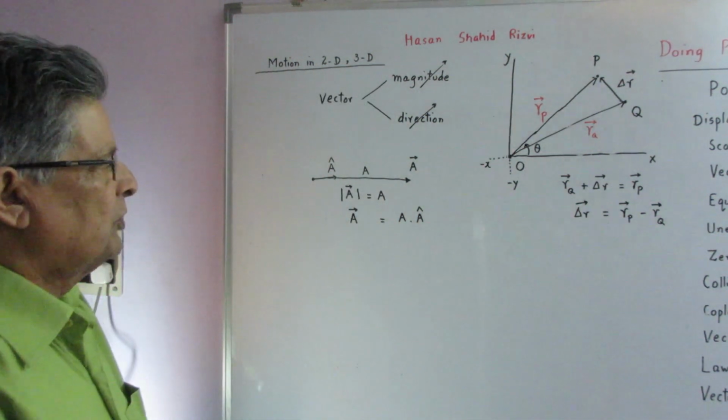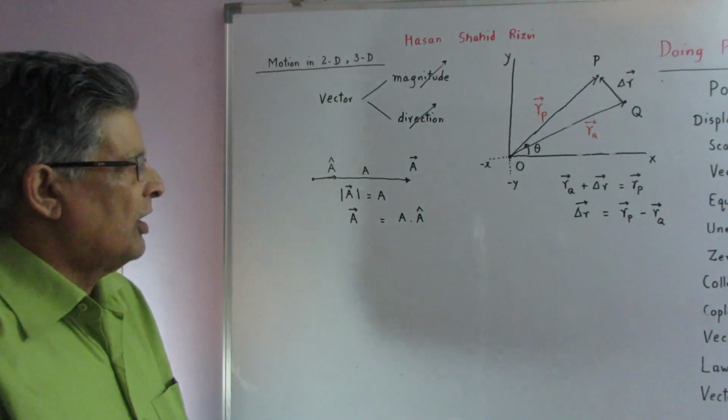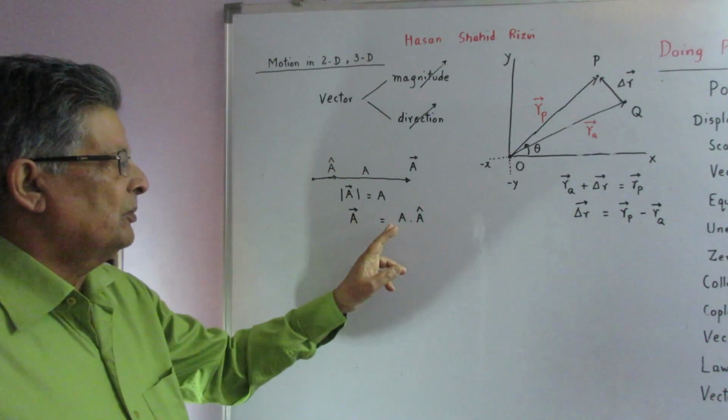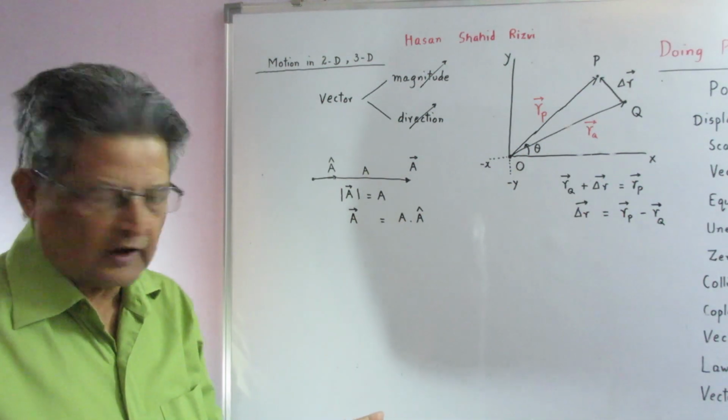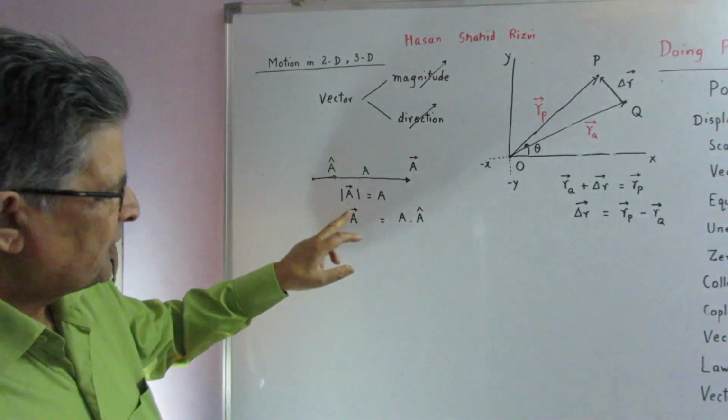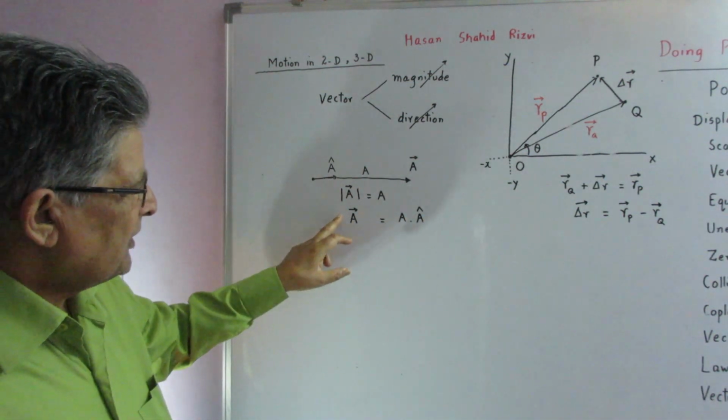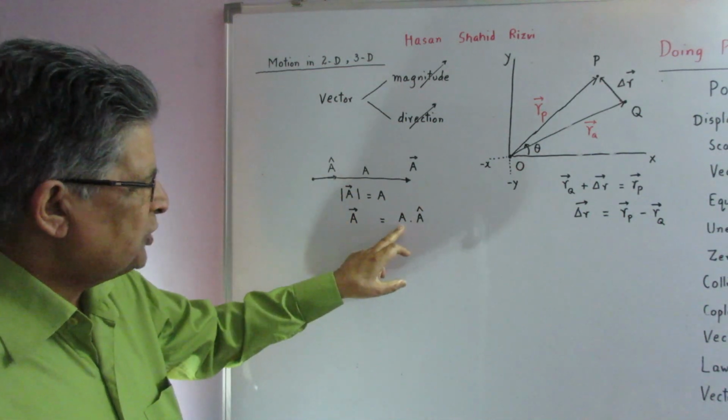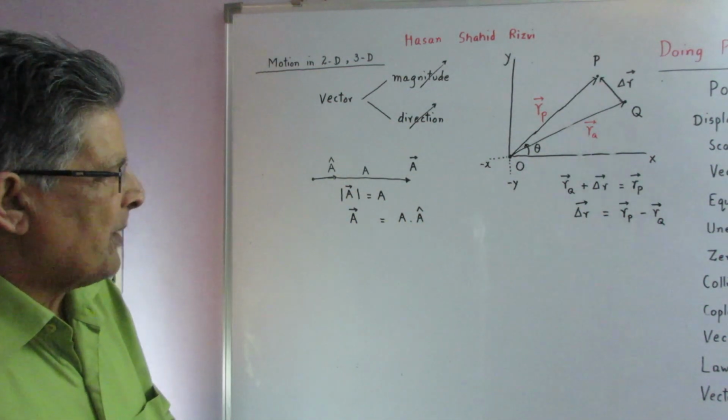I'll show you what an application of a vector quantity multiplied by a scalar is later on. But right now you have to say that vector A is defined as the magnitude A into A cap.